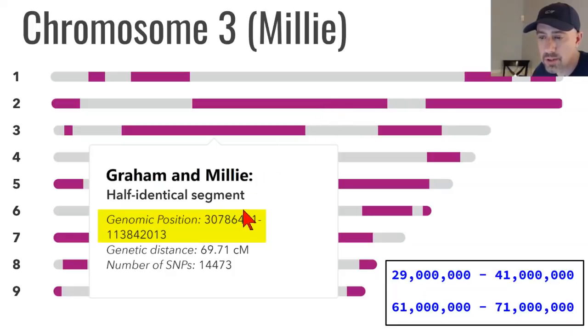As we discussed earlier, Graham and Millie match me and my family on 2 segments on chromosome 3, and this large segment that they share here in the middle on chromosome 3 is roughly from the position at 31 million to the position at 113 million, and that spans both of the segments that Millie and Graham both share with my family. So as predicted by visual triangulation, we see that Graham and Millie do indeed match each other on chromosome 3.